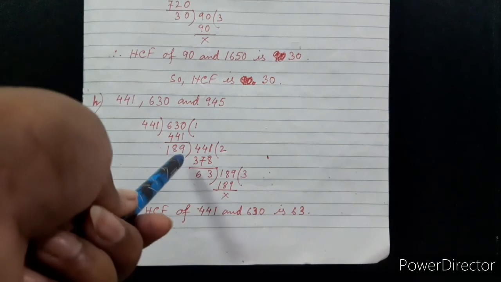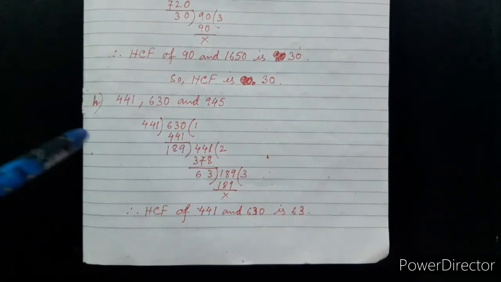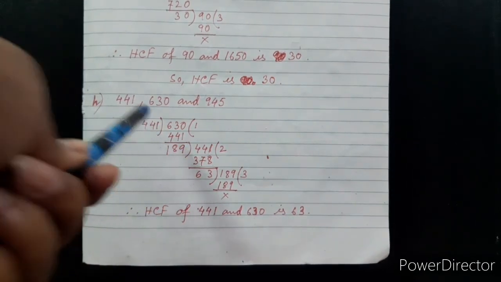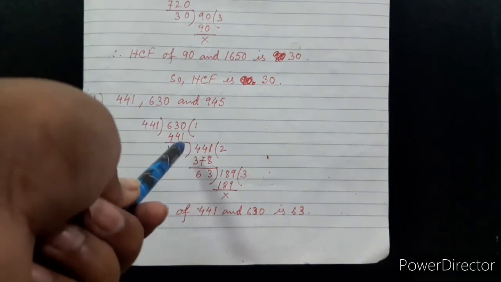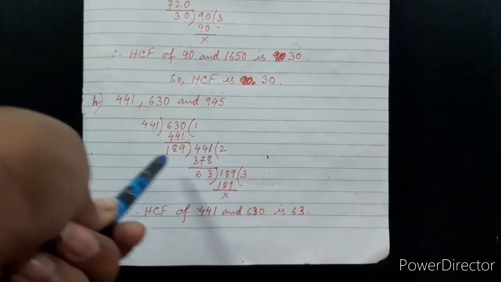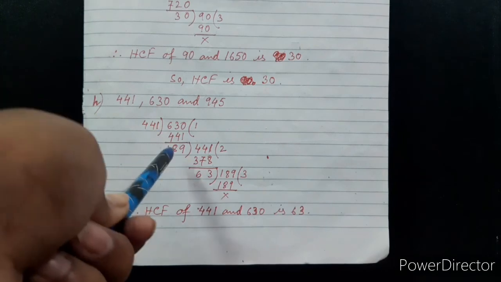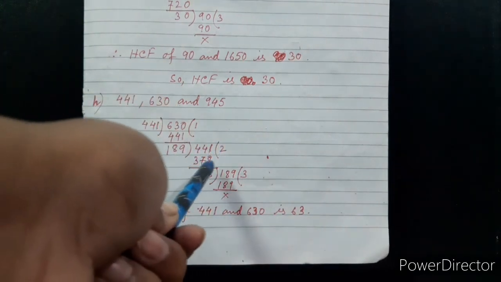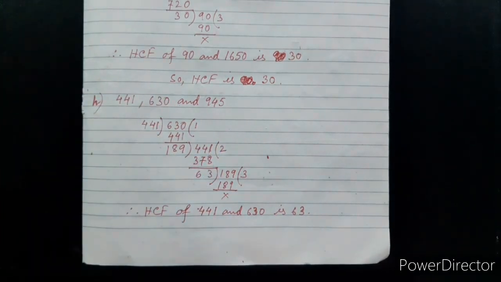After subtracting we get 189, which is smaller than 441. So, we divide 441 by 189. 189 twos are 378. After subtracting, we get 63, which is smaller than 189.